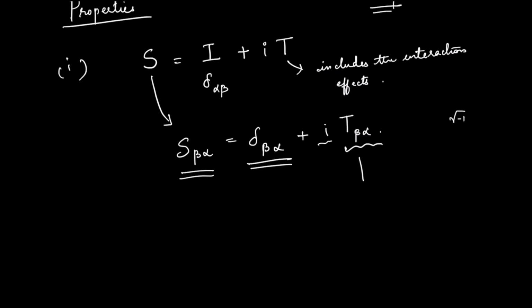And what is T beta alpha? That is the question. How do you find this T beta alpha? We know that for any interaction to happen, you should have momentum conservation. That is, the sum of the initial momentum must be equal to the sum of the final momentum.